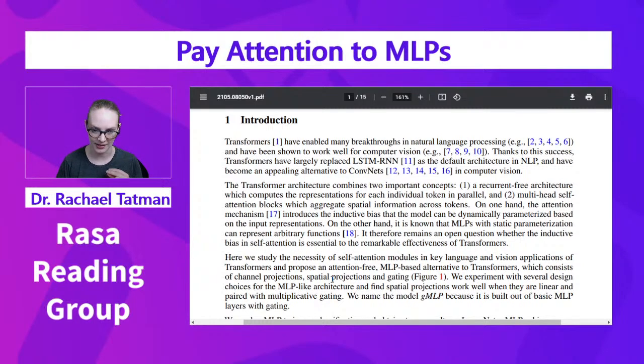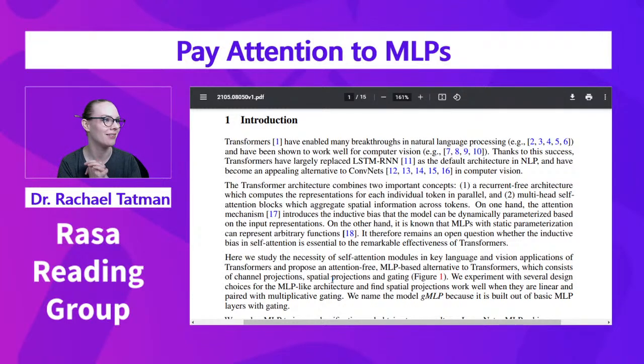On the other hand, it is known that MLPs, multilayer perceptrons, with static parameterization can represent arbitrary functions with limitations on the structure of the MLP. So like a multilayer perceptron where the hidden layers are narrower than the input layers cannot describe a non-congruent function.